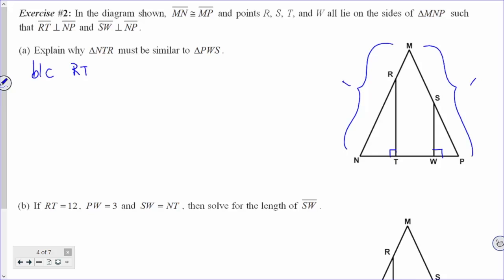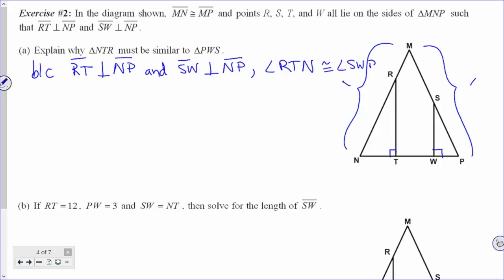Because RT is perpendicular to NP and SW is perpendicular to NP, angle RTN is congruent to angle SWP because both are right angles.